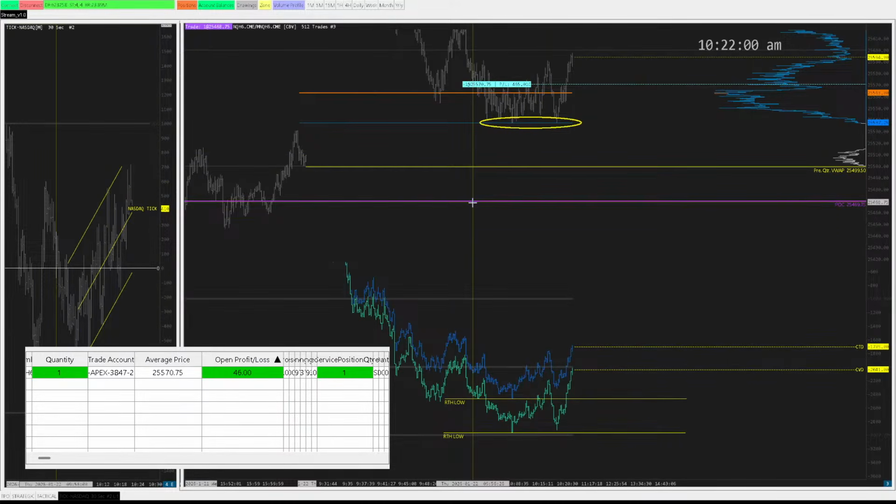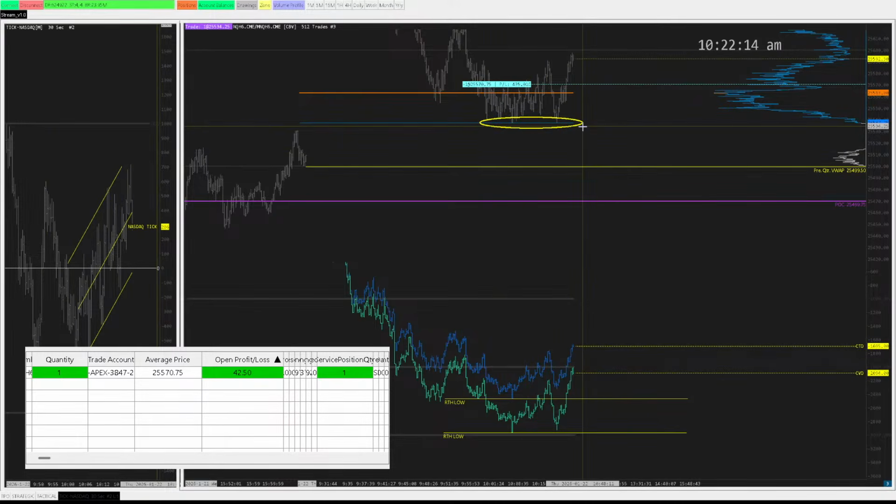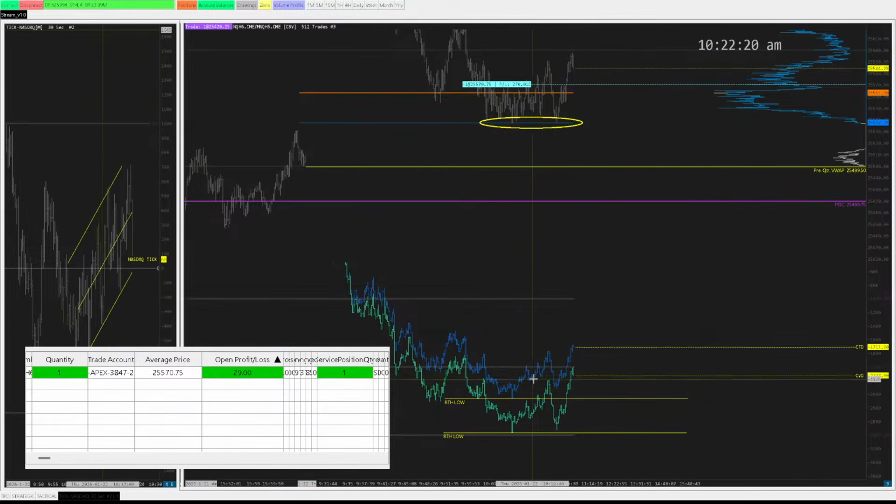So there's a lot going on my end because you've got multiple instances of Sierra Chart. So again, there's not really an entry model. It's just a detection of a shift in the order flow.